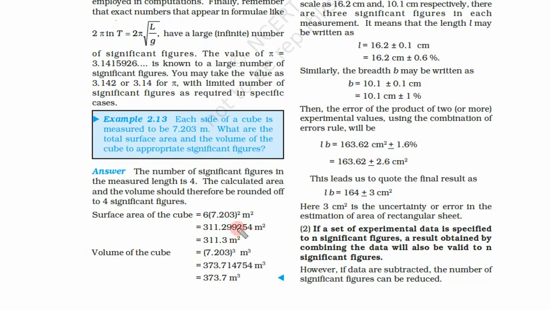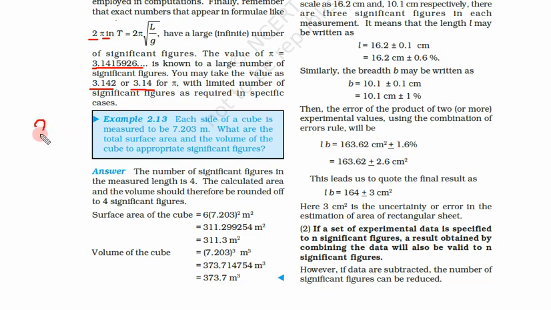So we have learned about rounding off, and we have learned that we should round off only at the end of the calculation, not before ending the calculation. Also, we have learned that any number like 2 or pi has a large number of significant digits, and we can use the number of significant digits as per our need, as we can write pi to be 3.14 or 3.142, or we can increase the number as per our needs.